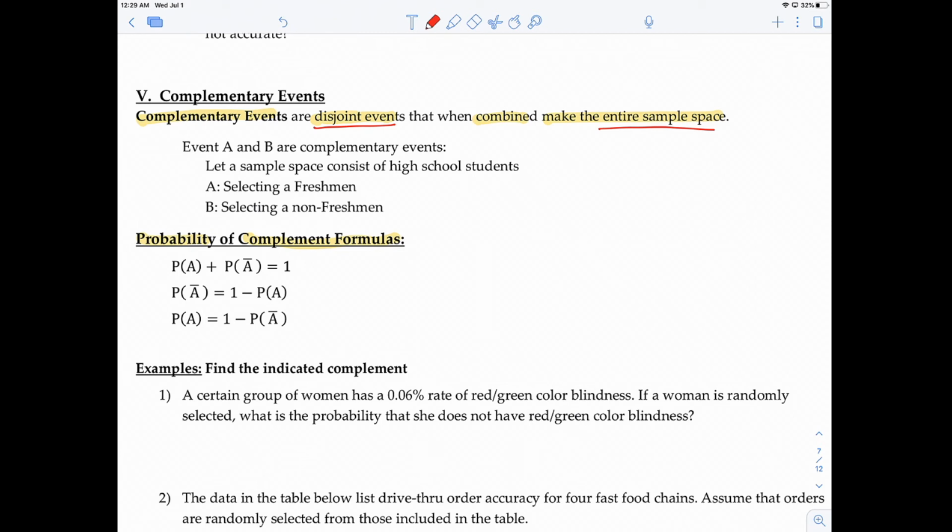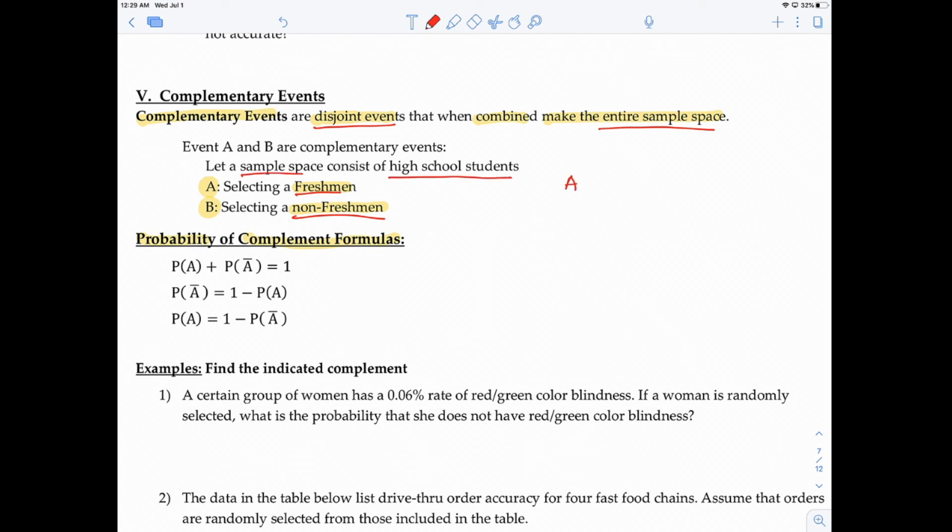For example, the following are complementary. Event A is selecting a freshman, event B is selecting a non-freshman. If you combine the freshmen with the non-freshmen, you get the entire sample space, which is the entire high school. Think about a classroom as well.